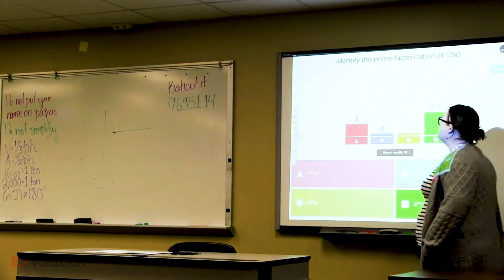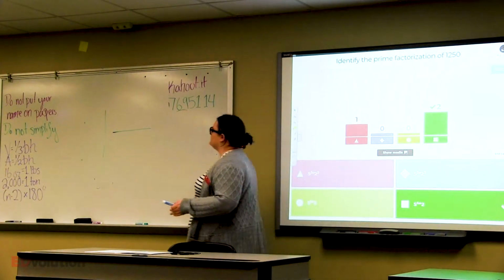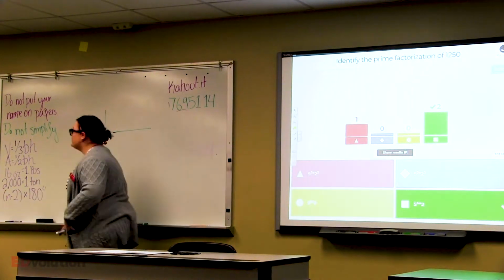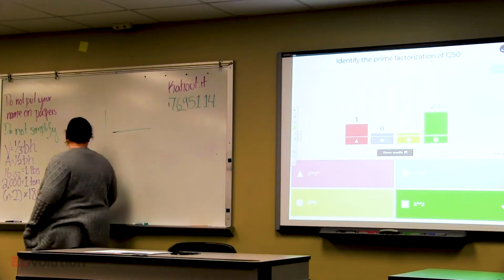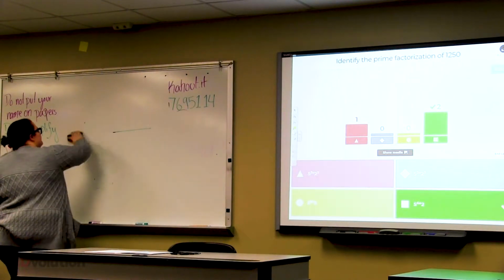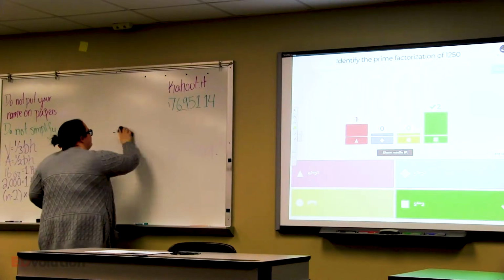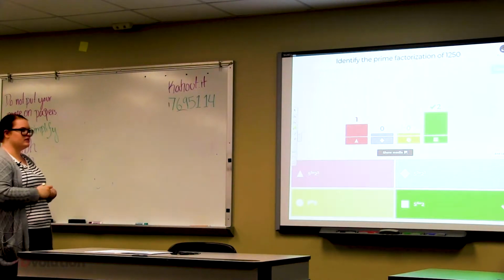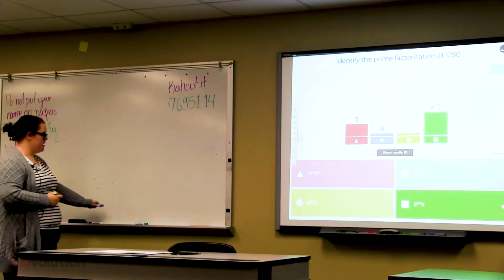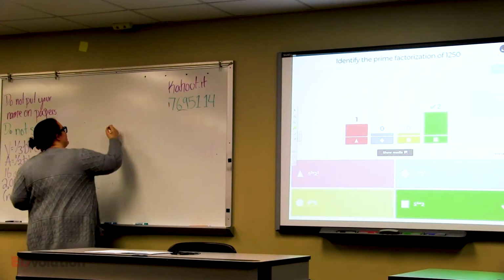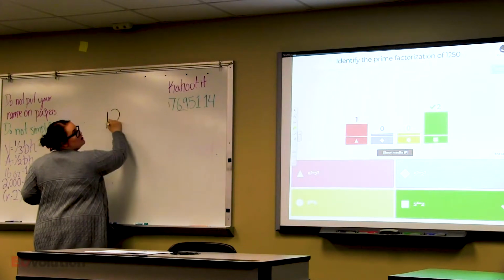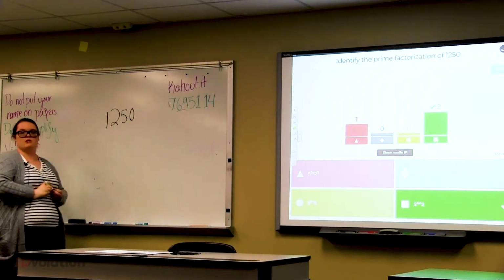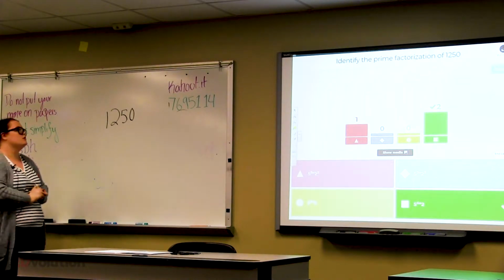Okay, so the easiest way to find this, and I know you were probably tempted to go ahead and plug each of those into your calculator and work backwards. But the easiest way to actually do this, and probably the fastest way, would be to do a factor tree like we saw earlier. Whenever we're doing a factor tree, you're trying to identify all the prime numbers that go into a number.